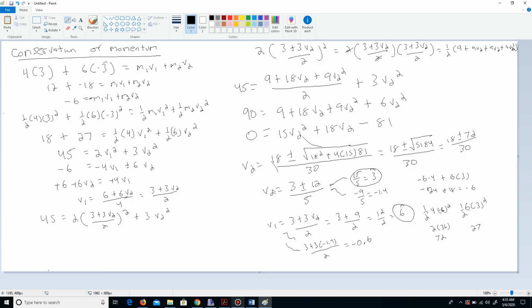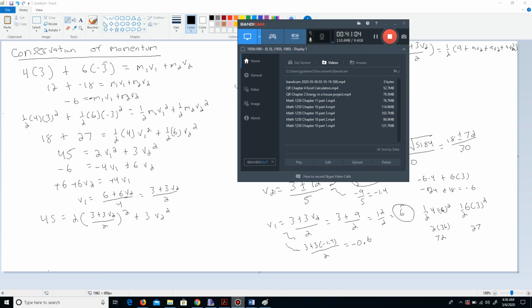I'm going to look this over off camera, and then I'll come back and start here, tell you what I did wrong, if I find what I did wrong, or I may redo the problem, and we can see what happens. It's probably a sign error, because it seems like that's what's happening here. 72 and 27 should subtract to 45, but I don't have any reason to subtract them, so I'm trying to figure out why that's happening. Okay, so I'm going to stop the video here, and we'll continue with this in the next video.